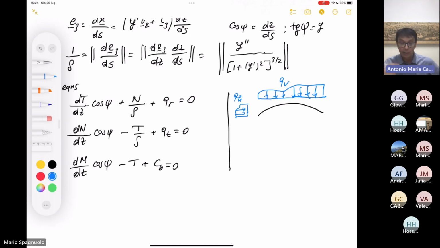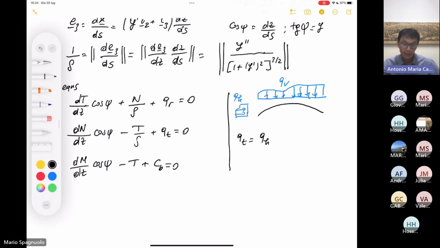With these new quantities, which are QB and QH, we can write QT, accounting also for the change of parametrization of the length to which the load distributions are referred.